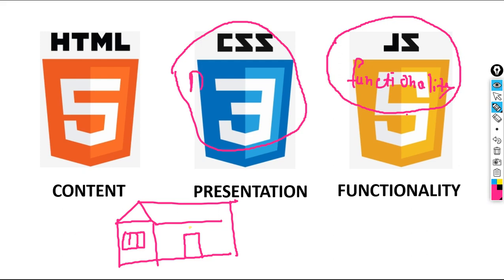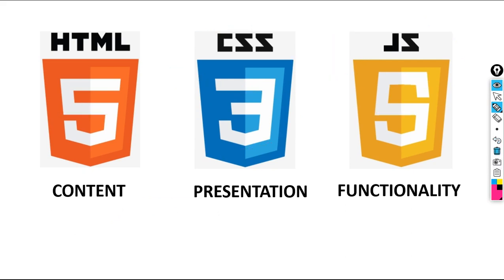And with the help of CSS, we can decorate that HTML page. So this is just content. HTML is used to give the content of that particular HTML page, nothing but a web page. Hope you have understood this particular concept. Now let's move forward. Don't worry if you have not understood, I will give more clarity.